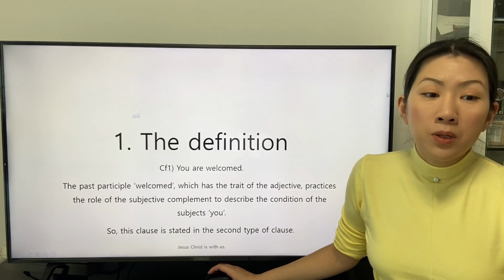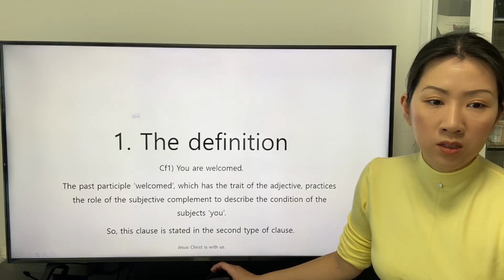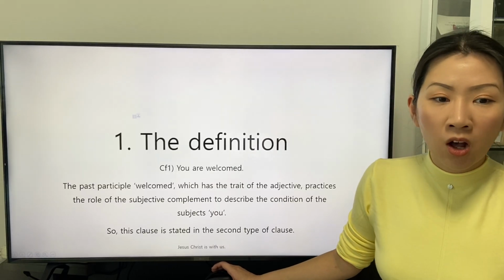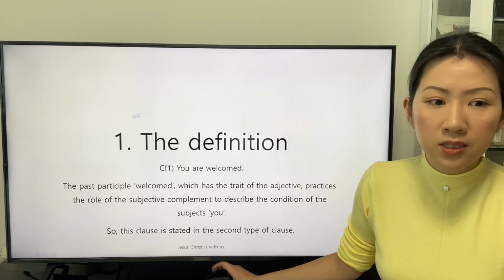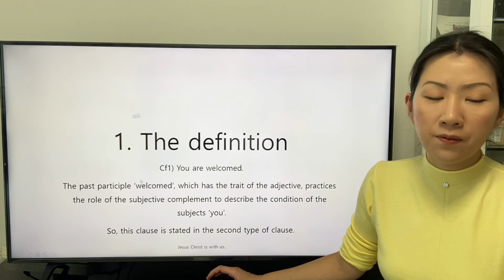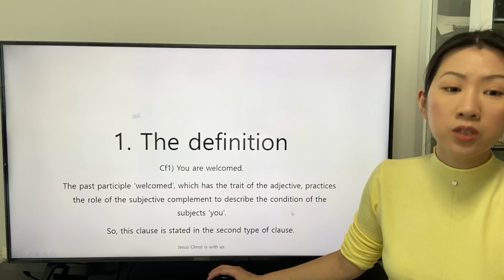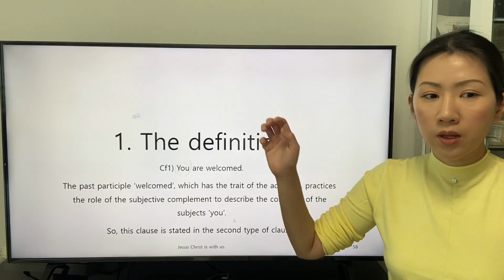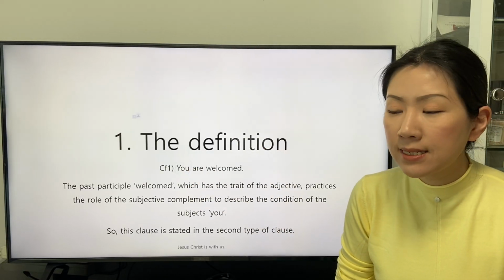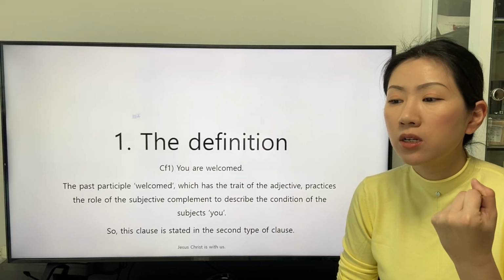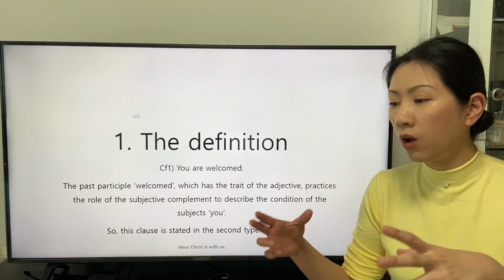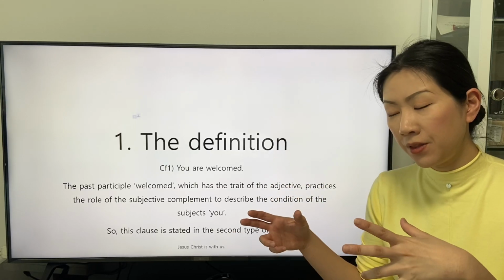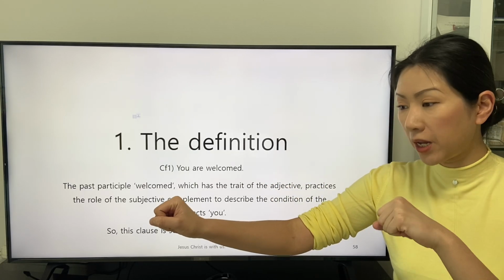The past participle welcomed, which has the trait of the adjective, practices the role of the subjective complement to describe the condition of the subject you, as having a part of the object in the subject-object relationship.